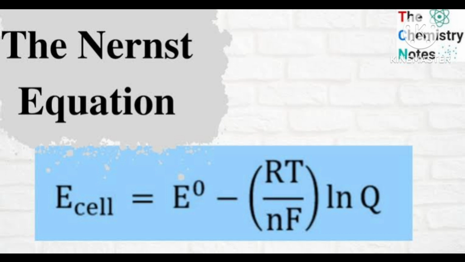Inside the bracket, what is remaining? log base 10 of 1 upon Zn plus plus, the molar concentration of zinc ion, minus log base 10 of 1 upon Cu plus plus, the molar concentration of copper ion. In the bracket you have written these things.